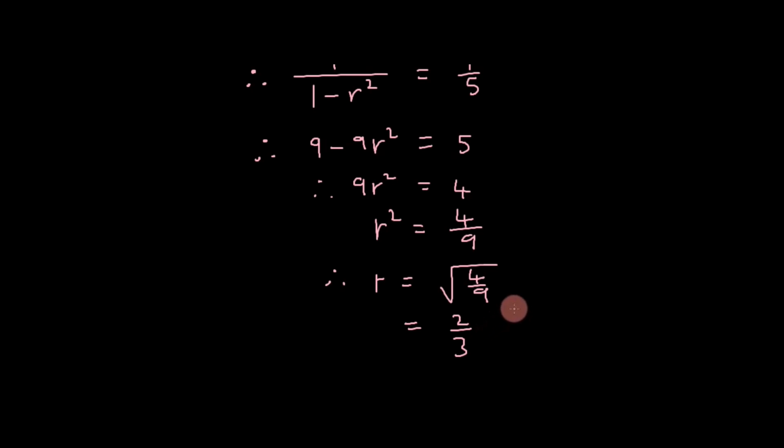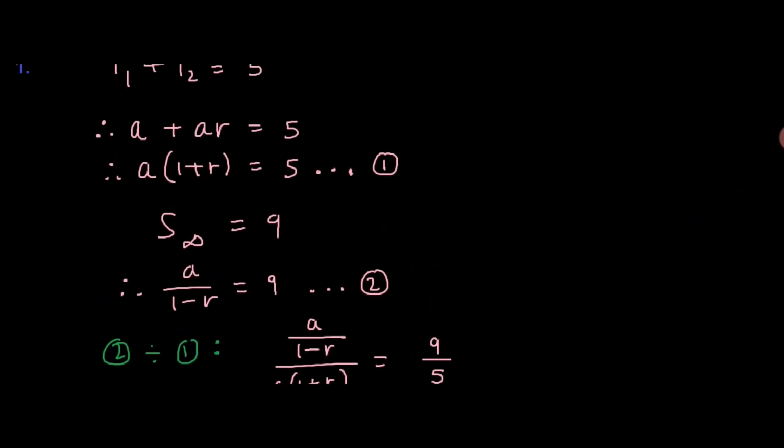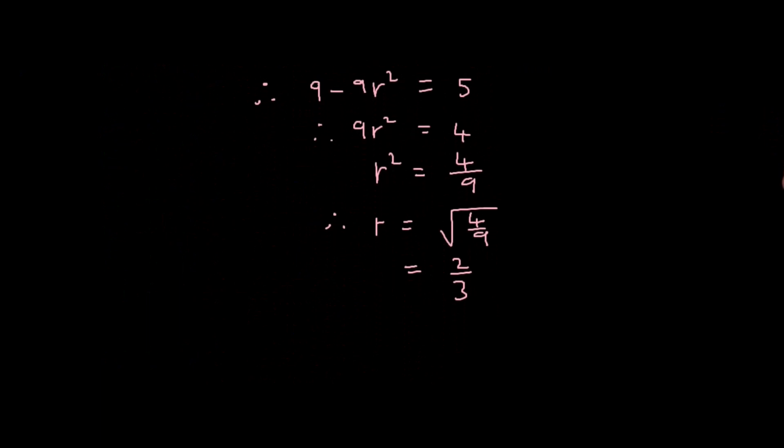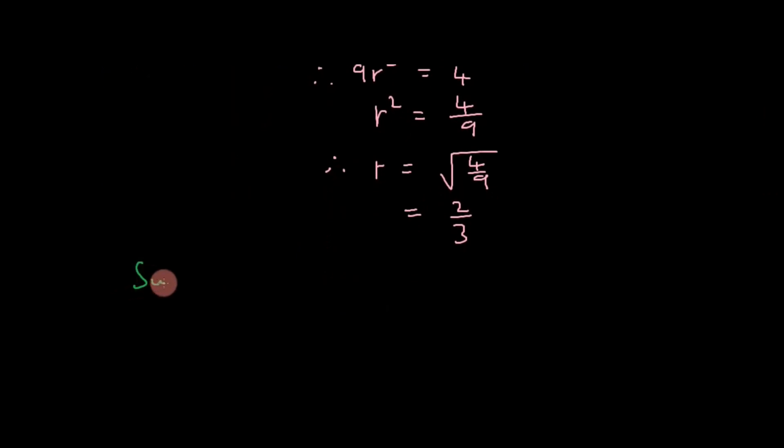Now that we have r, we can find a by plugging r back into, let's say, equation 1 here. So we can write, substitute r equal to 2/3 into equation 1.